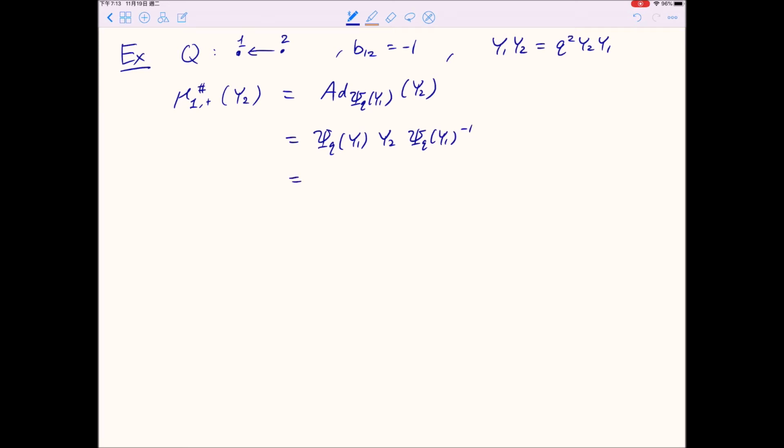So this is exactly what I just wrote previously, I think. So after you commute y2 with y1, you give it a q squared, and then it follows from the functional equation of the quantum dilogarithm, you will get 1 plus q y1. And this is the expression.